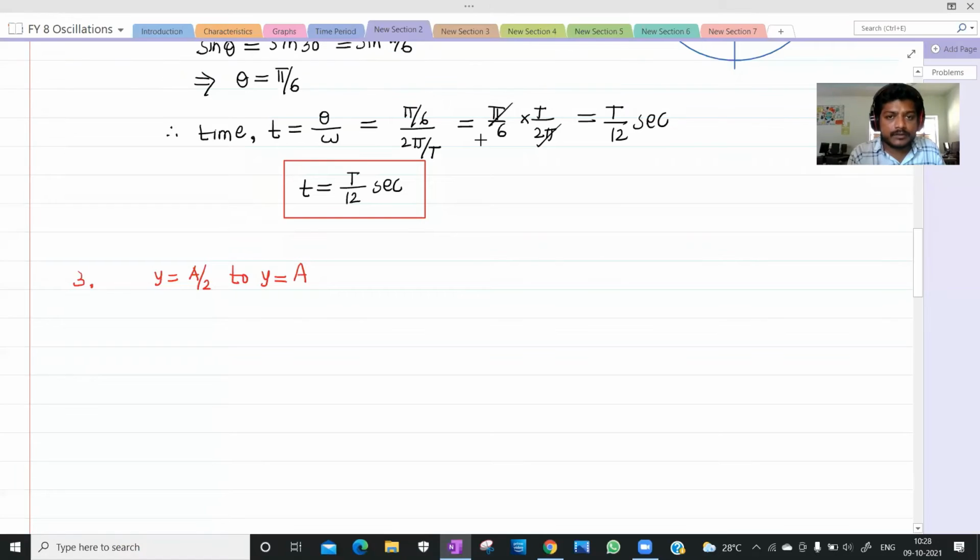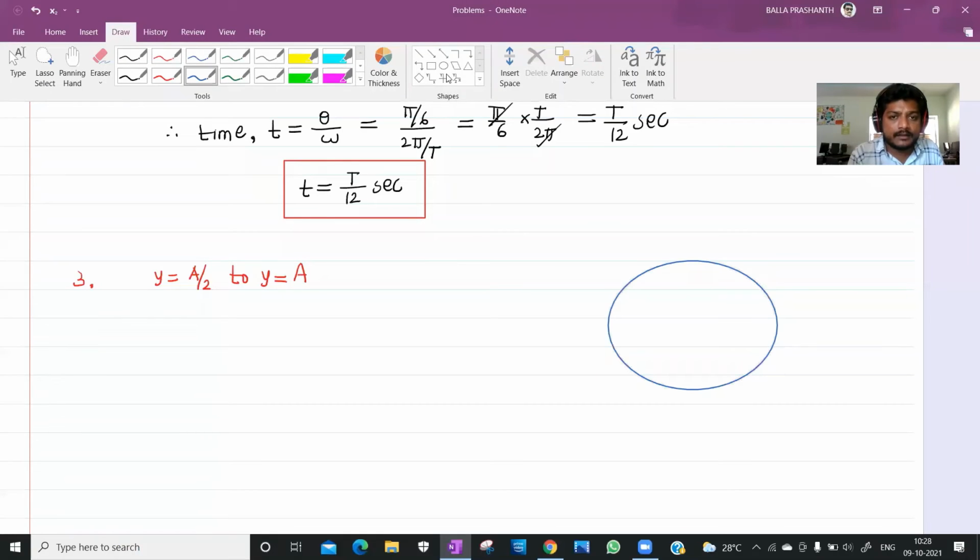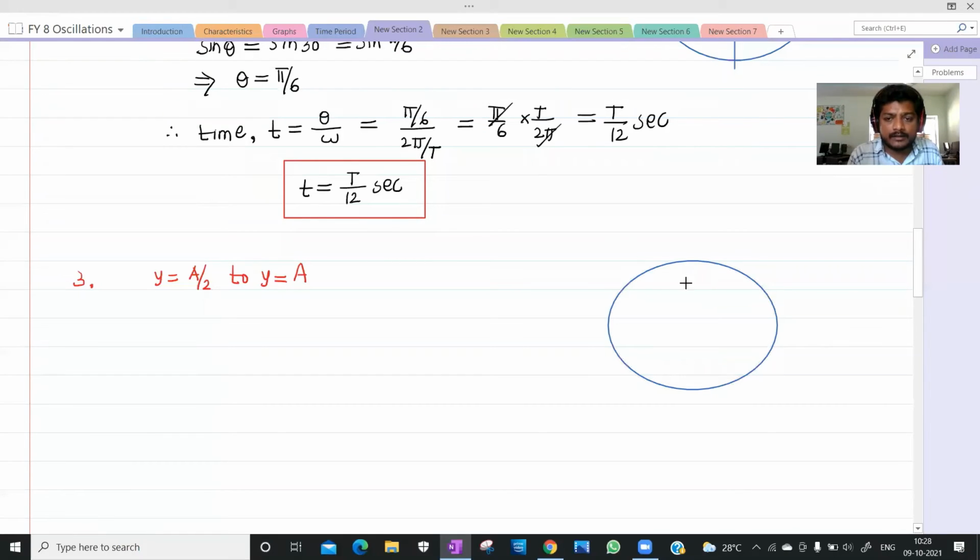Yes, sir. Again, take the reference circle. See here: y equals a by 2 to y equals a.